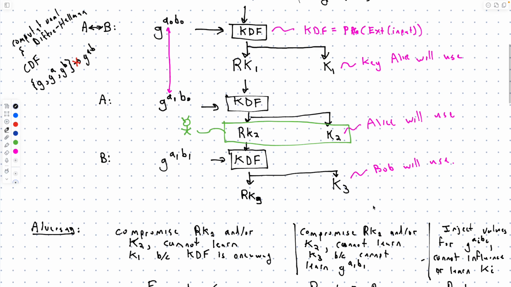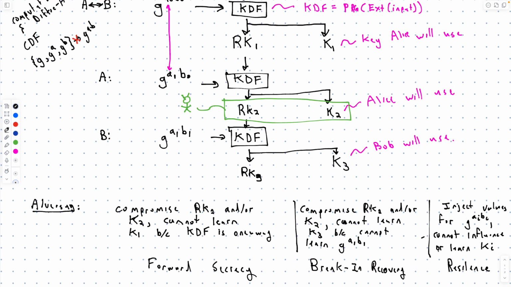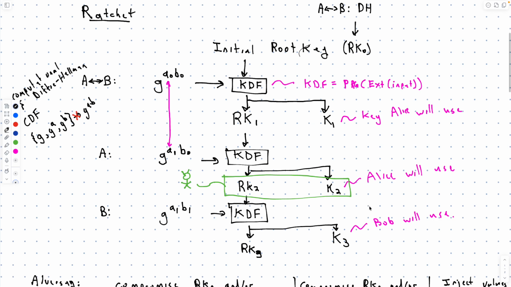So this ratchet scheme is forward secret, it has break-in recovery, and it also has resilience, according to these definitions. Okay, questions about the ratchet?